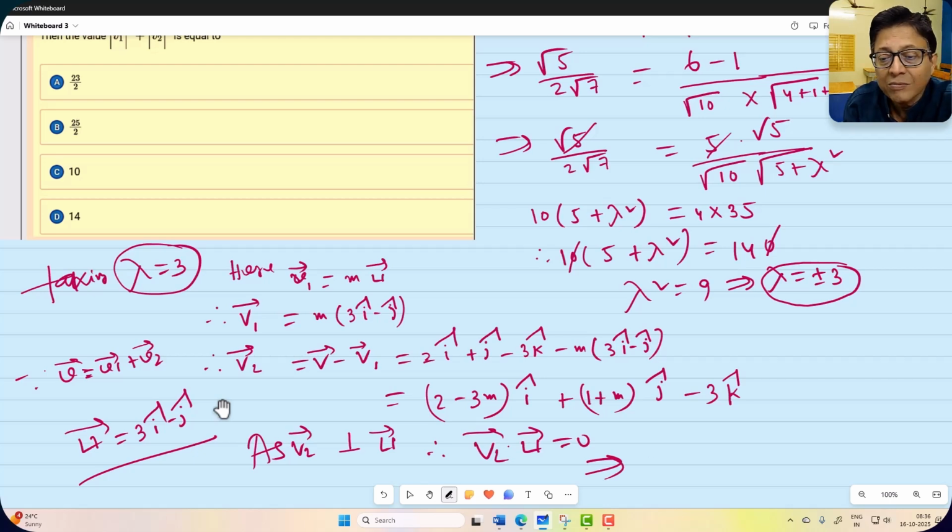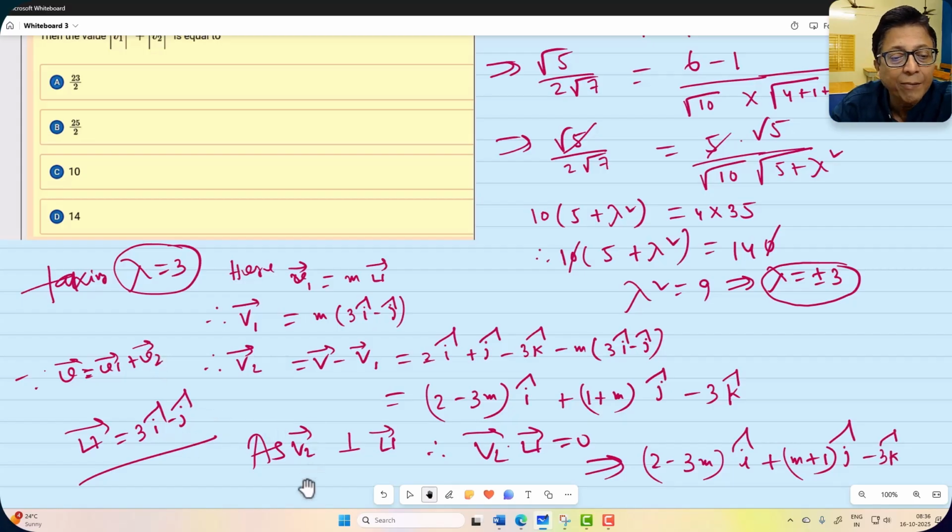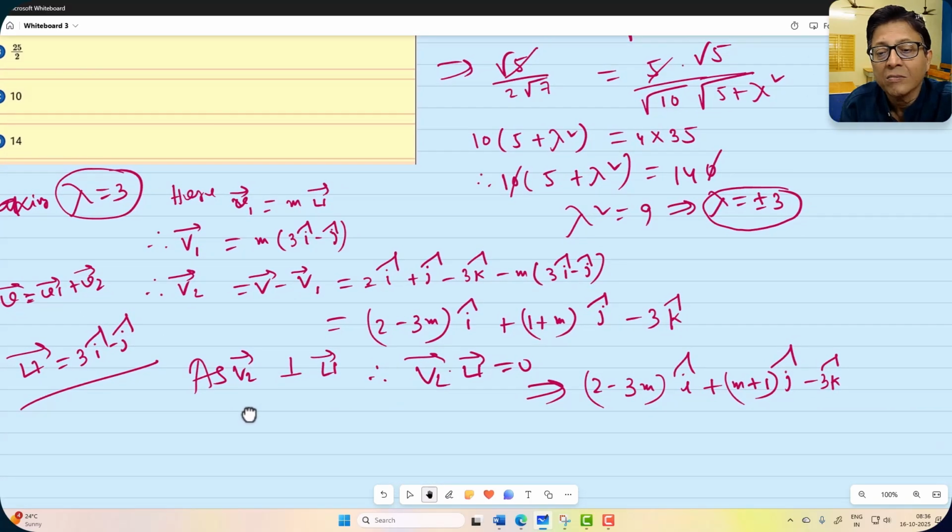V2 is 2 minus 3m i cap, m plus 1 j cap, minus 3k cap, dot U vector, 3i minus j, equal to 0.